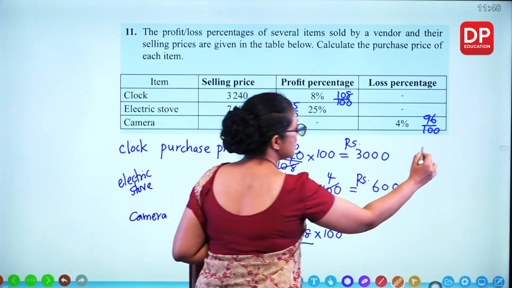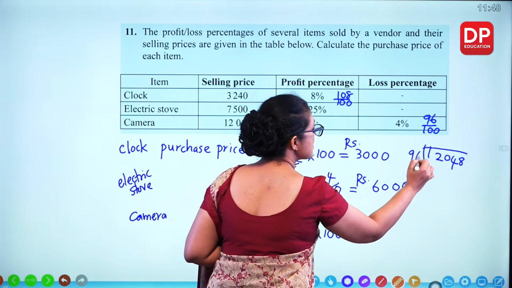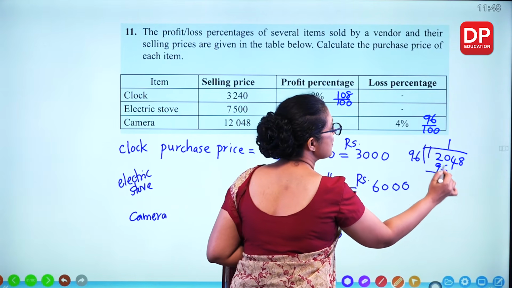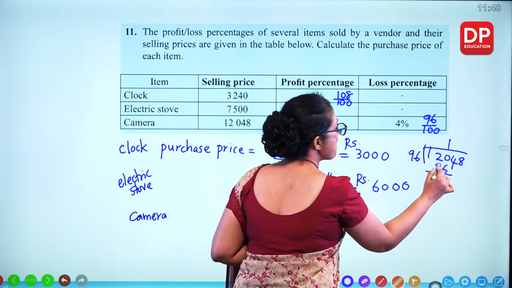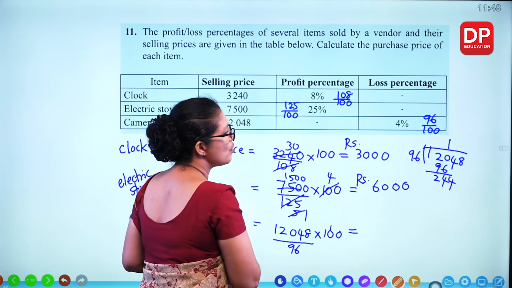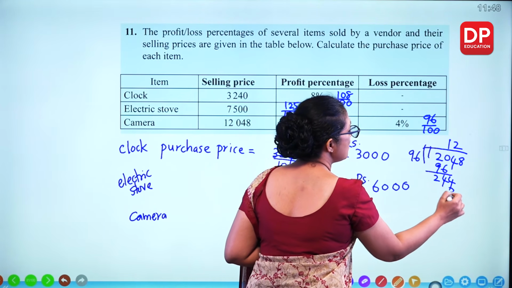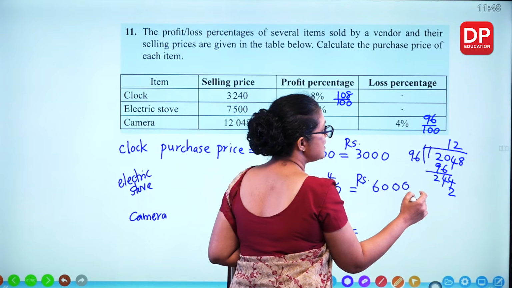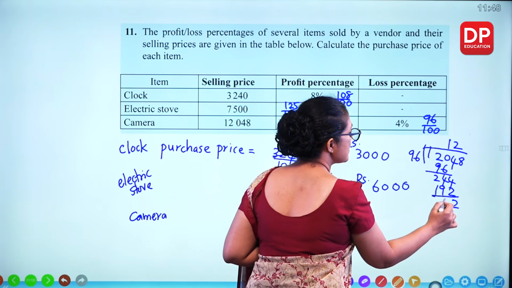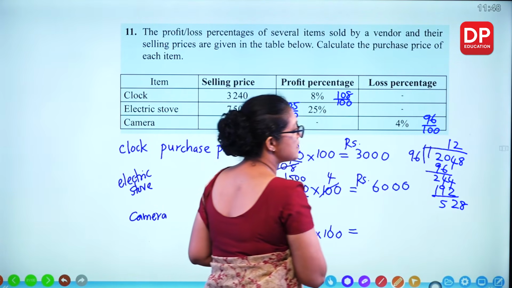You get 124. 8 divided by 96. 96 times 1, 96. Remainder is 24. For 244, that's 2. 2 times 6, 12. 2 times 9, 18. Plus 1, 19. So the remainder is 52. So 528.